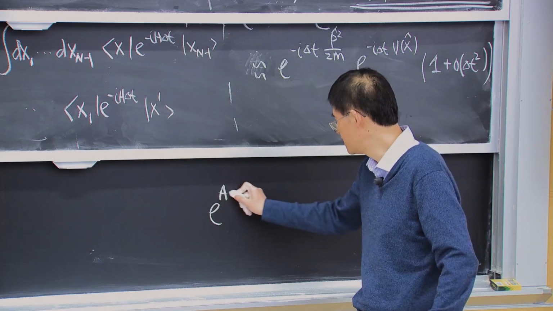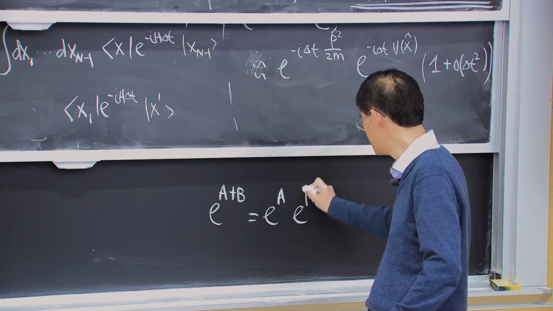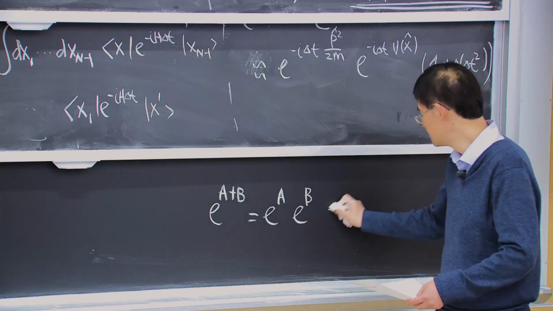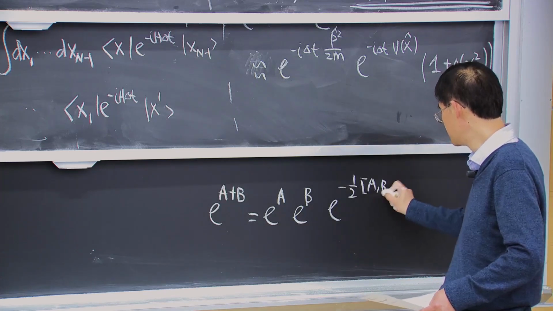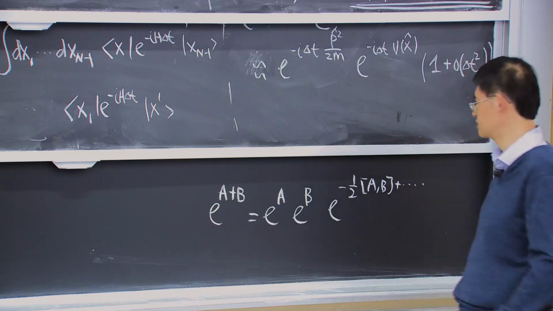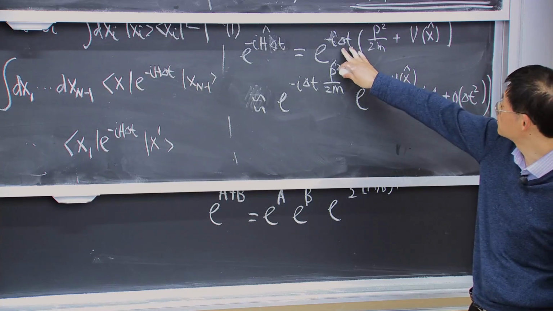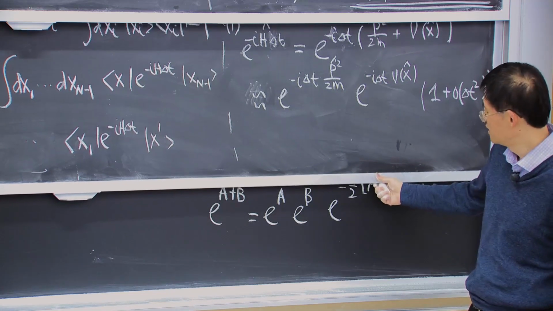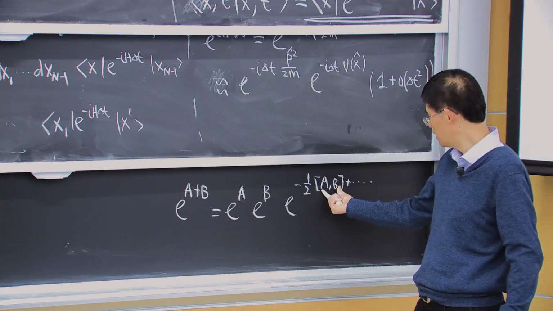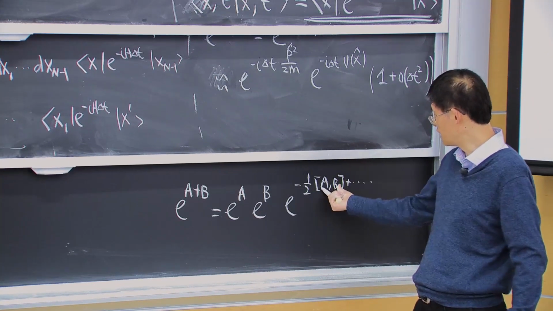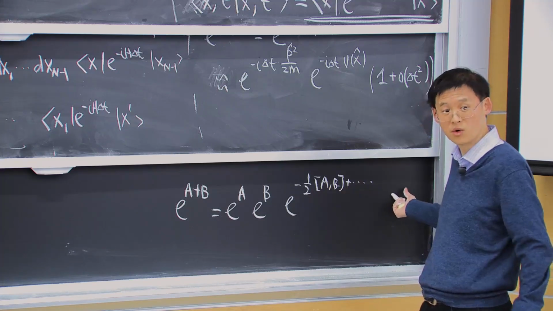Exponential of a plus b is equal to exponential a, exponential b, and then exponential of minus half the commutator of a and b, plus more commutators. Now each of a and b is proportional to delta t, and the commutator term involves at least the product of a and b, so it is all higher order, delta t squared.